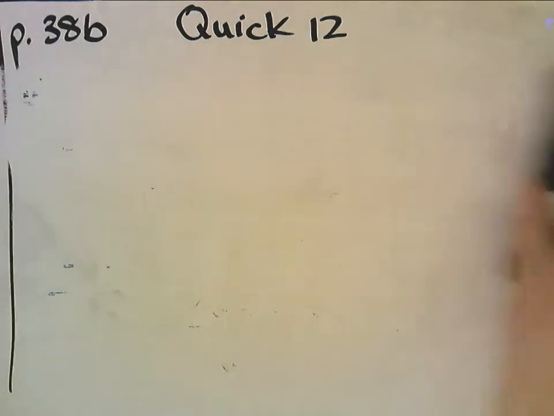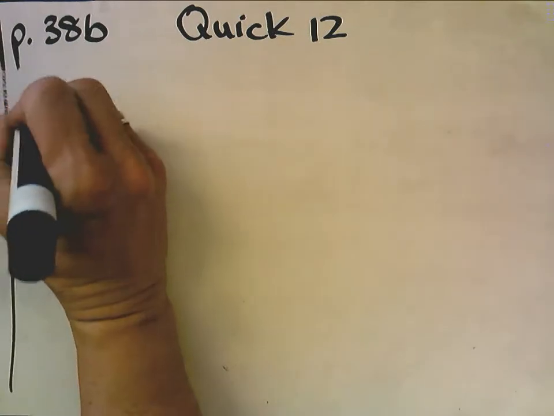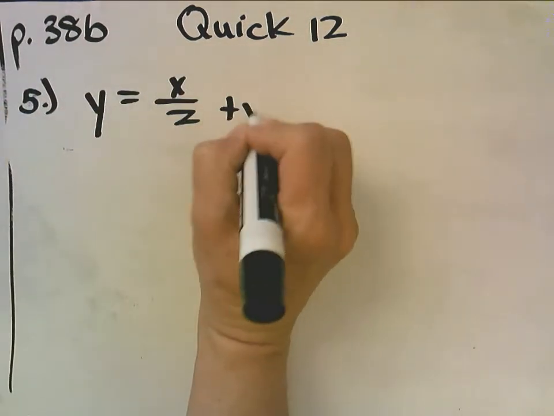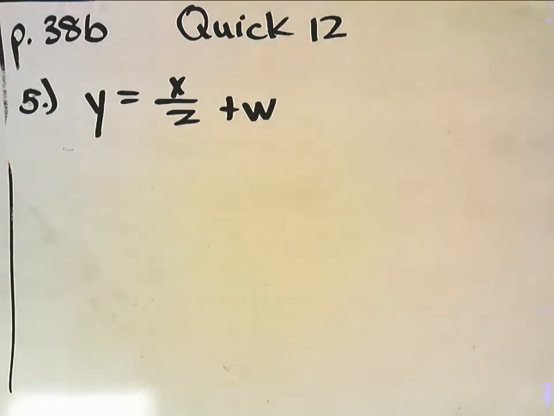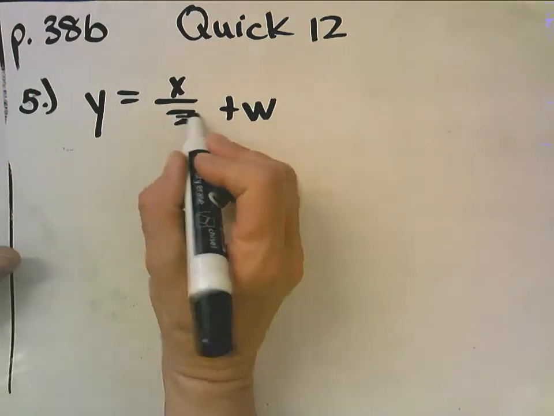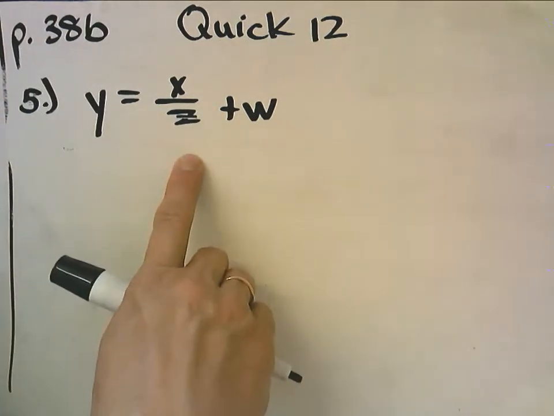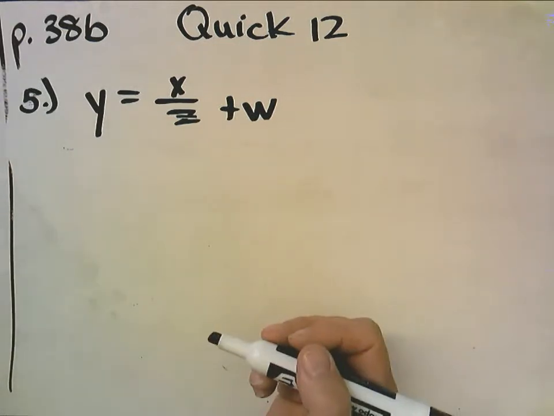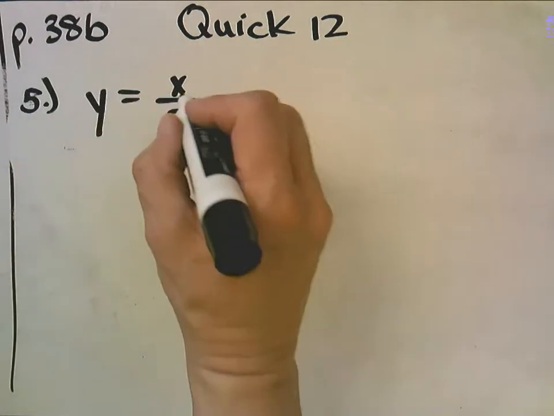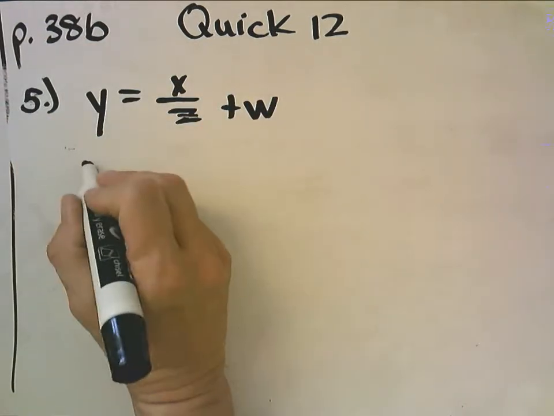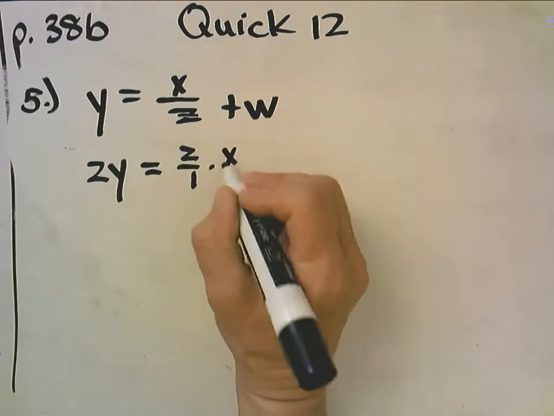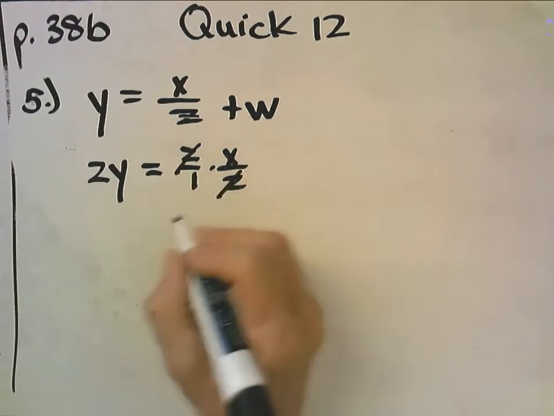Okay, now, number 5 is y equals x over z plus w. Now, I see a fraction. I've told you, don't deal with the fractions. So what is the common denominator? It's a z. So that means to get rid of a fraction, I'm going to multiply every term, 1, 2, 3 terms, by z. zy equals z times x over z. Those z's cancel out.